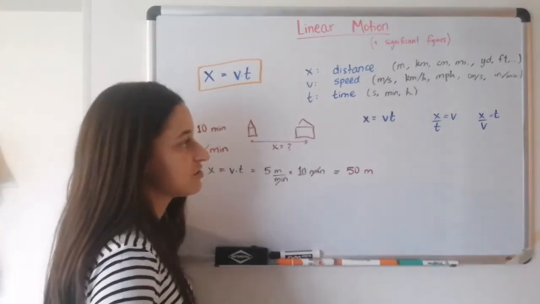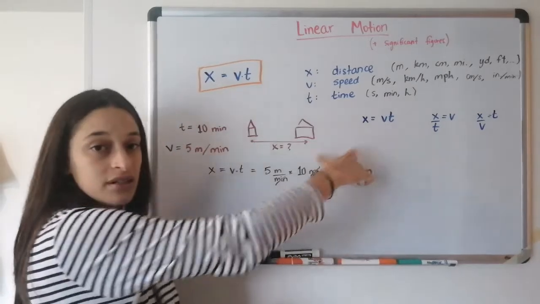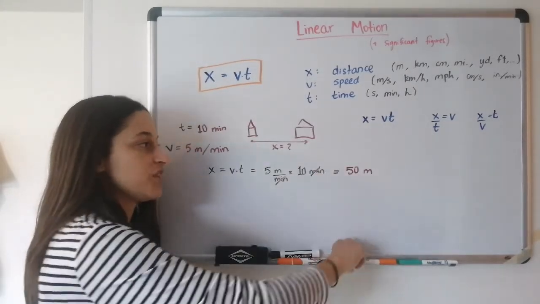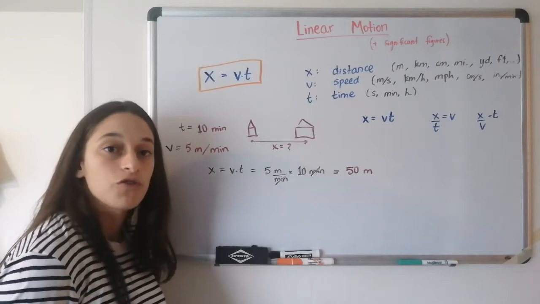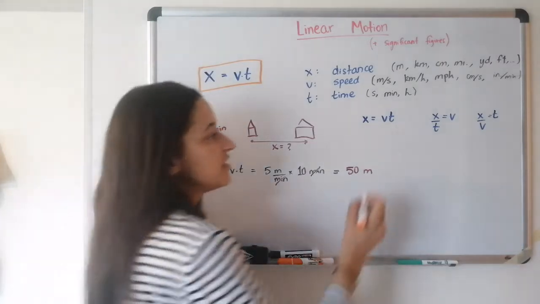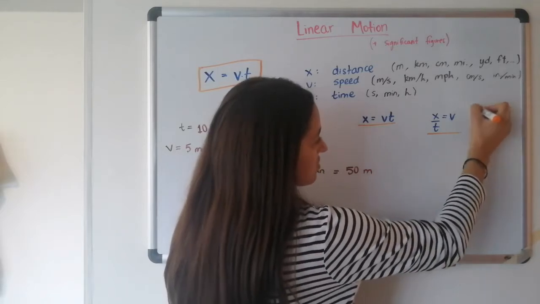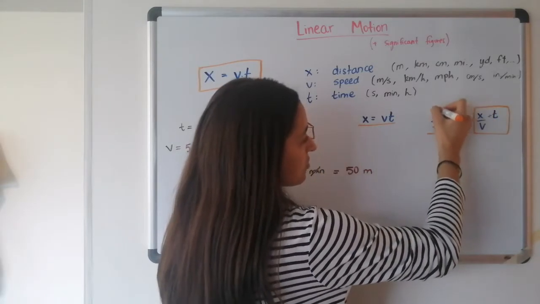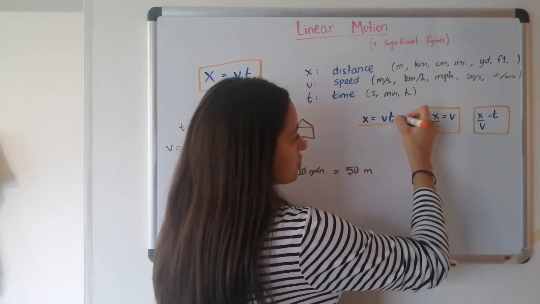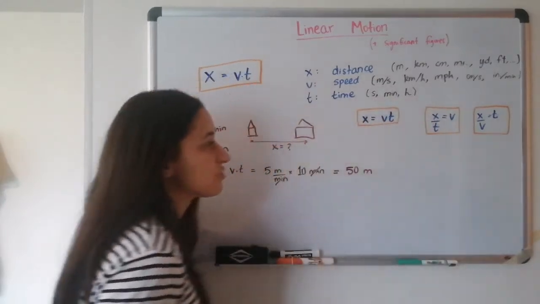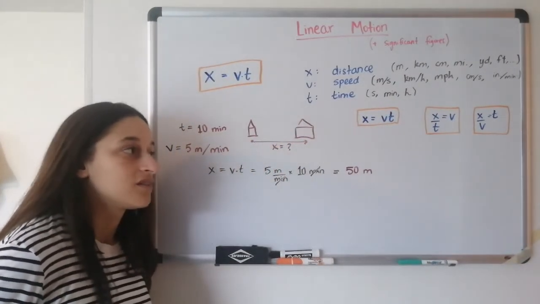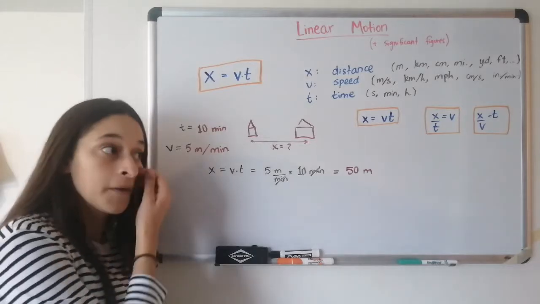So what some people like to do is to just memorize one equation and do the algebra every time to solve for v or to solve for t. That's personally the way I prefer to do it, because I'm not very good at memorization. I just prefer to know one equation and then do the quick algebra to find the equation that I need.